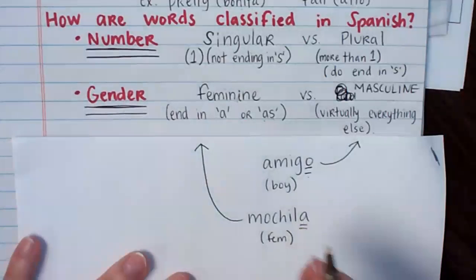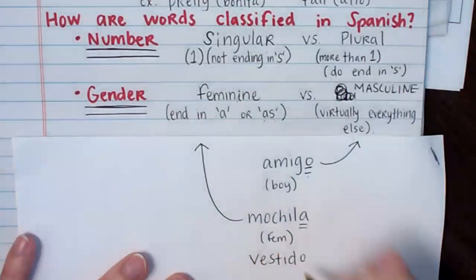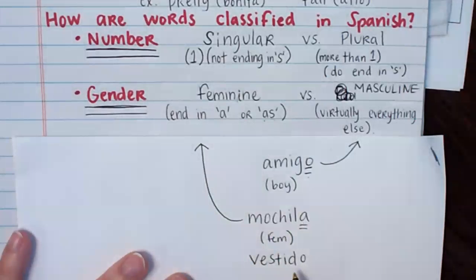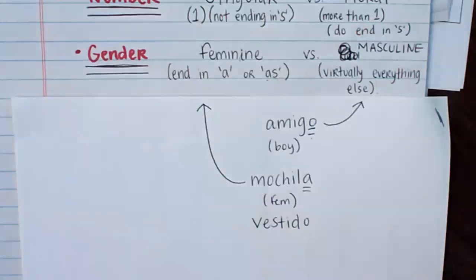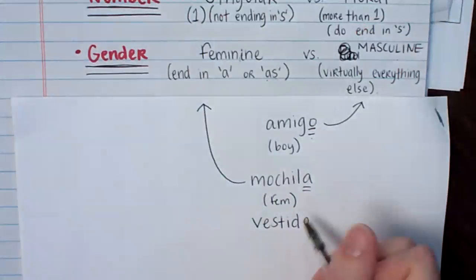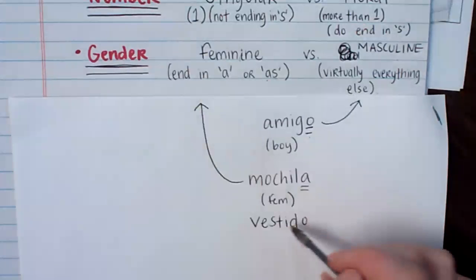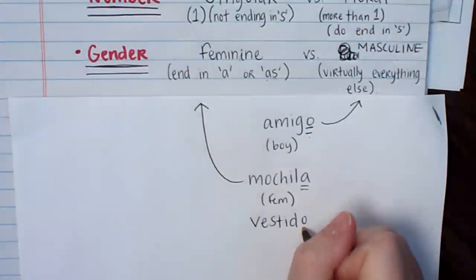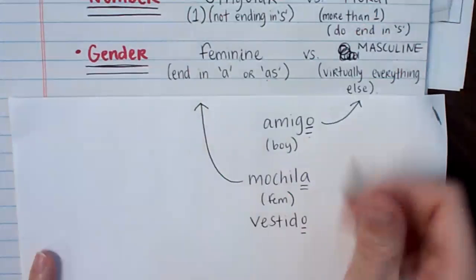So another example of this is the word vestido, which means dress, like a girl would wear a dress. So even though dresses are for girls, typically, because its spelling ends with an O, it's a masculine word.